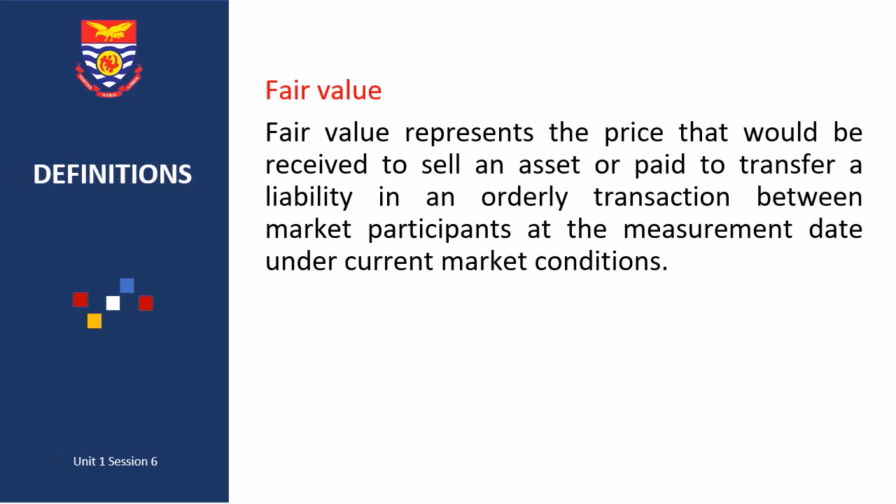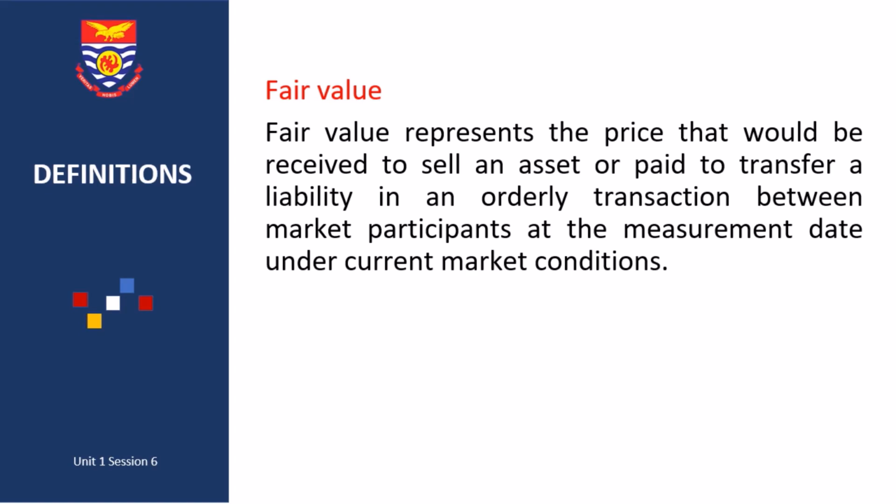Now let's look at some definitions. Fair value represents the price that would be received to sell an asset or paid to transfer a liability in an orderly transaction between market participants at the measurement date under current market conditions.